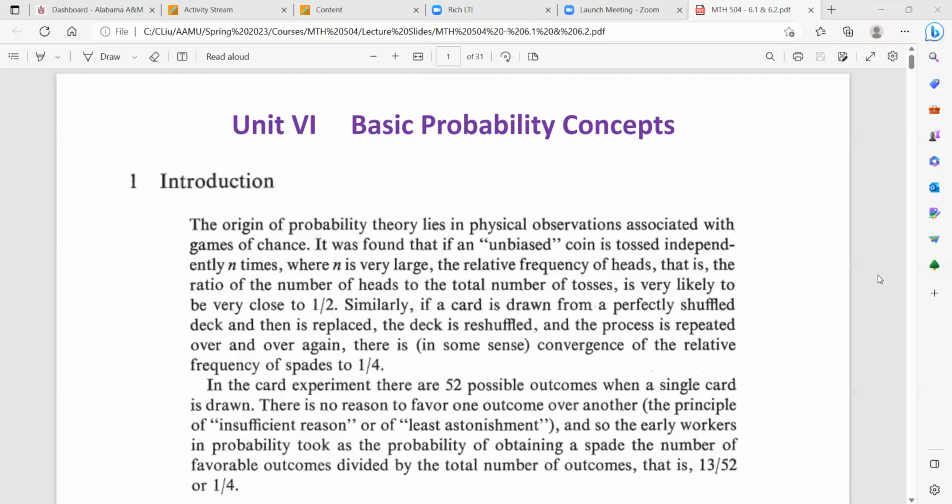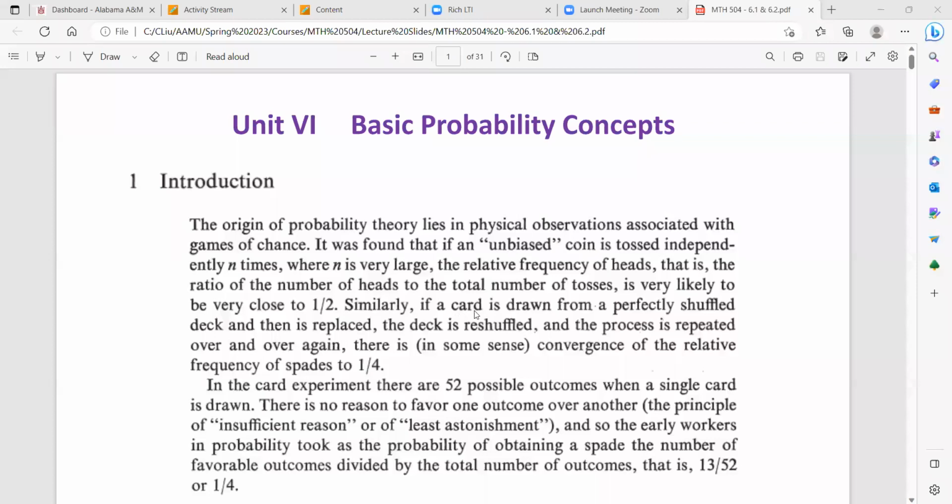For example, if you're talking about an unbiased coin and you toss it independently many times, n times, and it only makes sense when you do the experiment many times, n will be pretty large, and the relative frequency of heads, or the ratio of the number of heads to the total number of tosses, is pretty much 1/2 or close, right? We are talking about an unbiased coin.